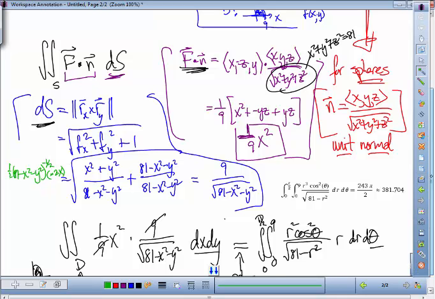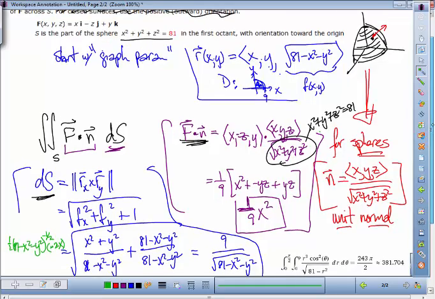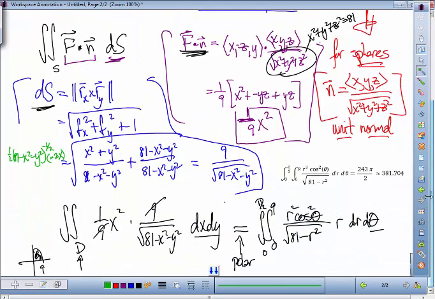It's in the first octant. Outward orientation. So we have an OPP here, orientation preserving parametrization. Yeah, I don't know.